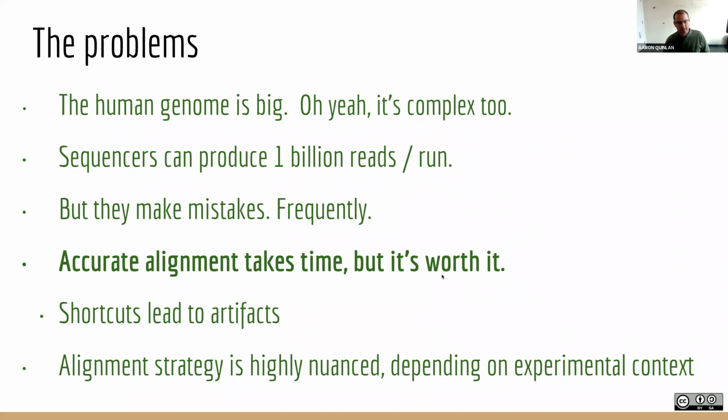And the last thing I want to emphasize is that there are specialized alignment strategies depending upon the experimental context. For instance, the most widely used aligner for DNA sequencing, for exome or genome sequencing, is something called BWA, the Burrows-Wheeler aligner. However, for RNA-seq, the Burrows-Wheeler aligner is not terribly widely used. Typically, it's STAR or HiSat2, which I think is the other 800-pound gorilla of RNA-seq alignment.